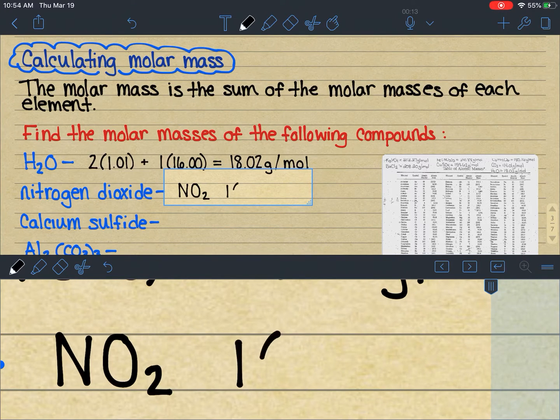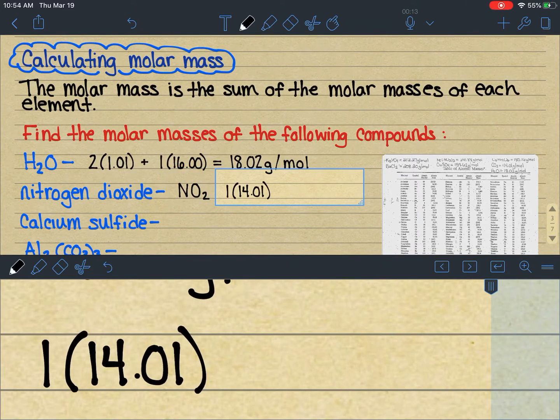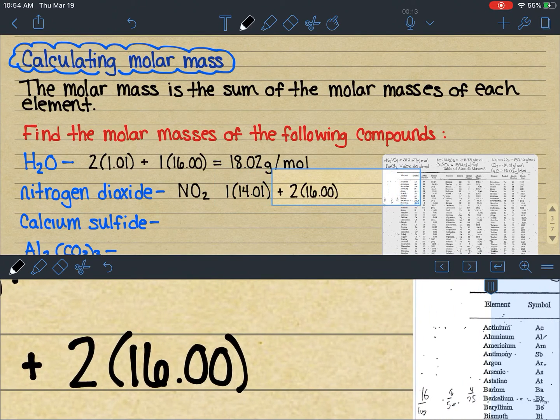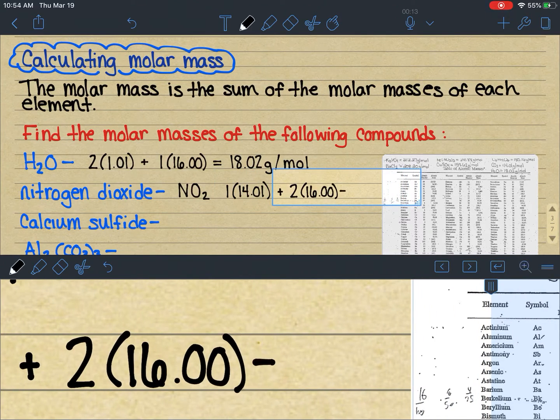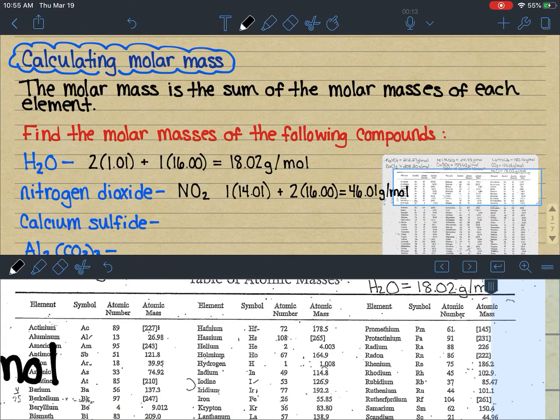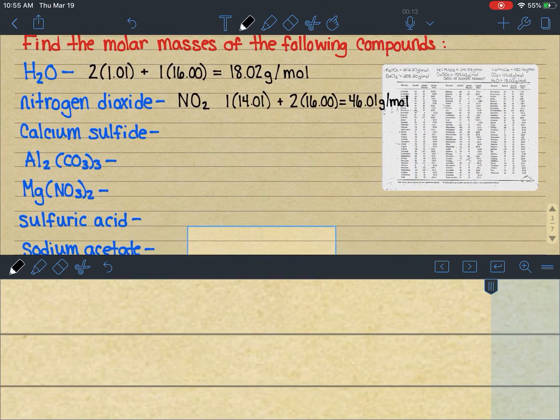I have 1 nitrogen, and nitrogen has a rounded mass of 14.01, and then I'm going to add that to my 2 oxygens, which each have a mass of 16, and then when I do that math quickly, I get a molar mass of 46.01 grams per mole. Always make sure that you're putting in that grams per mole unit for molar mass.